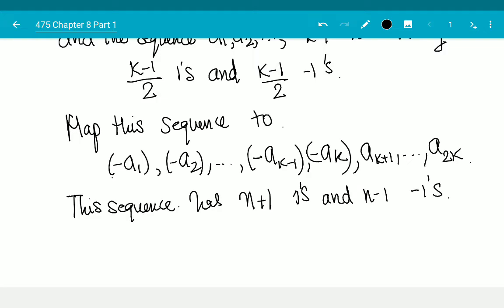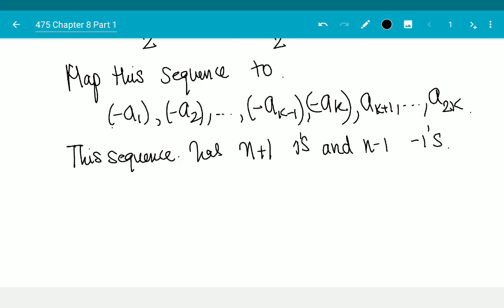Because initially you had n and n. In 1 to a_(k-1), you flipped an equal number of ones and negative ones, so you didn't change the balance there. But a_k you flipped to change the balance, so now it has n plus 1 ones and n minus 1 negative ones.